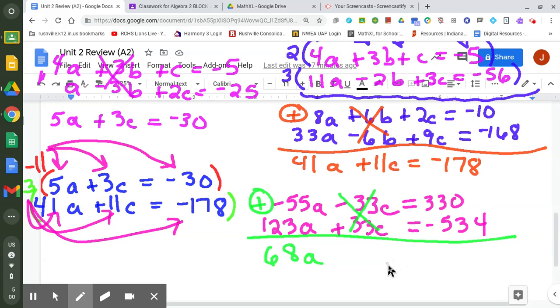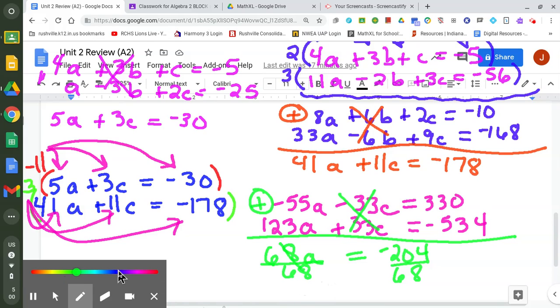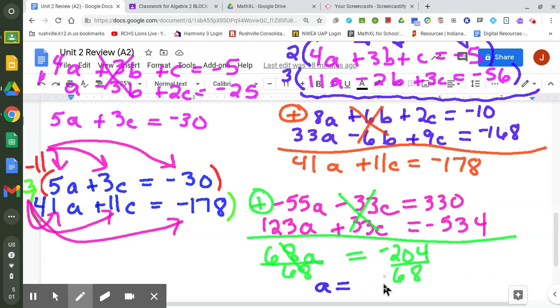I can get rid of the negative 33 and the positive 33, equals, and then I've got 330 minus 534, and I get negative 204. Then I will divide by 68. And so I should get a equals, so negative 204 divided by 68, and I get negative 3.